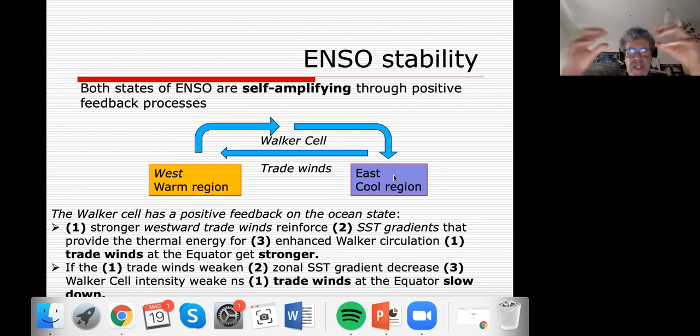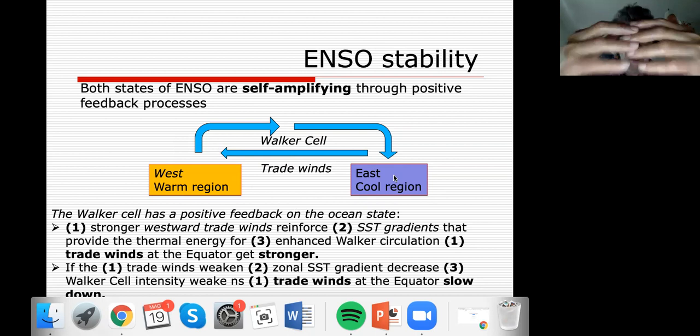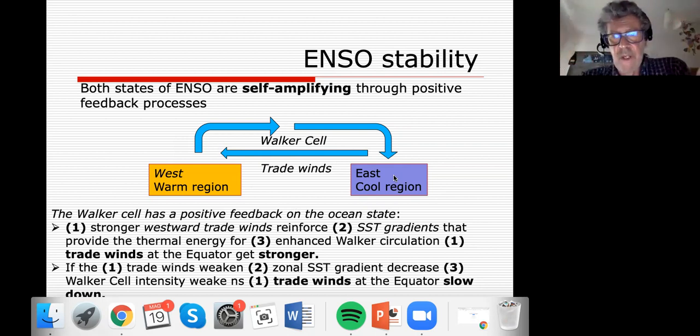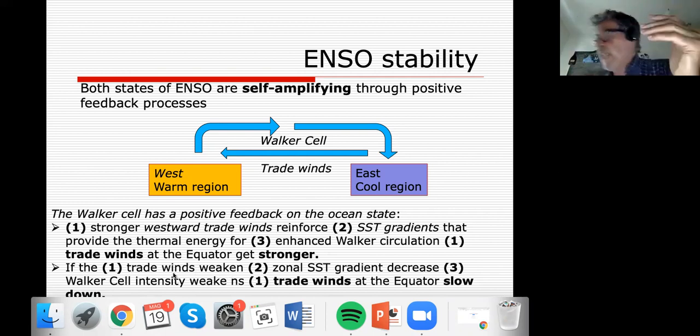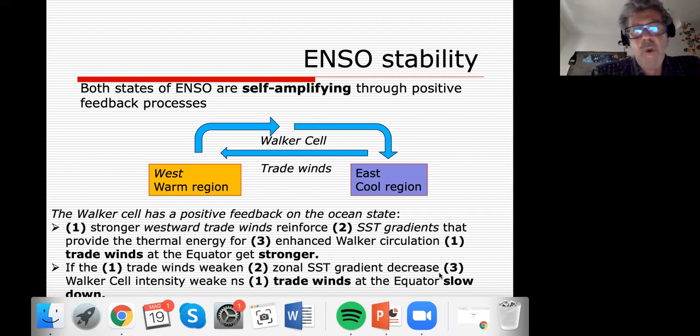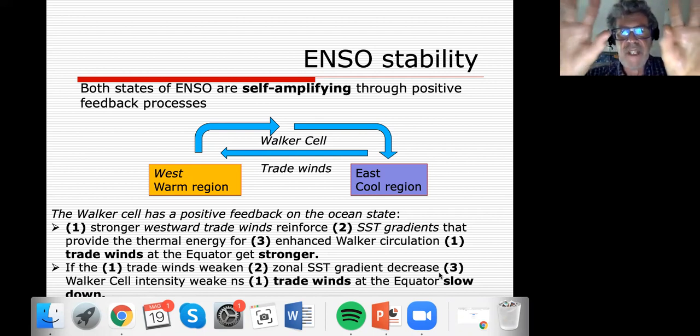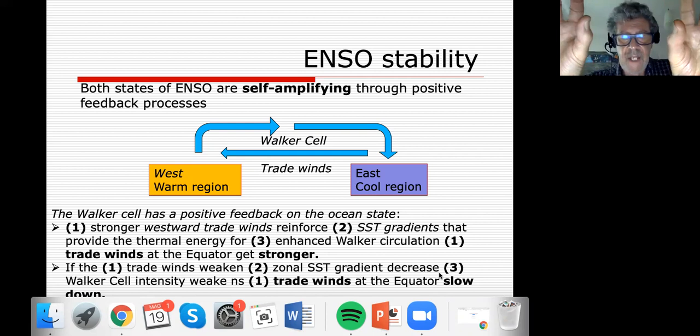So this is one case in which the Walker cell increases this. In case you have a weakening of the trade wind, this is the typical El Niño condition. The zonal SST gradient decreases for the same reason that we have said before, and also the whole Walker cell decreases its intensity and energy. And the trade winds at the equator slow down.